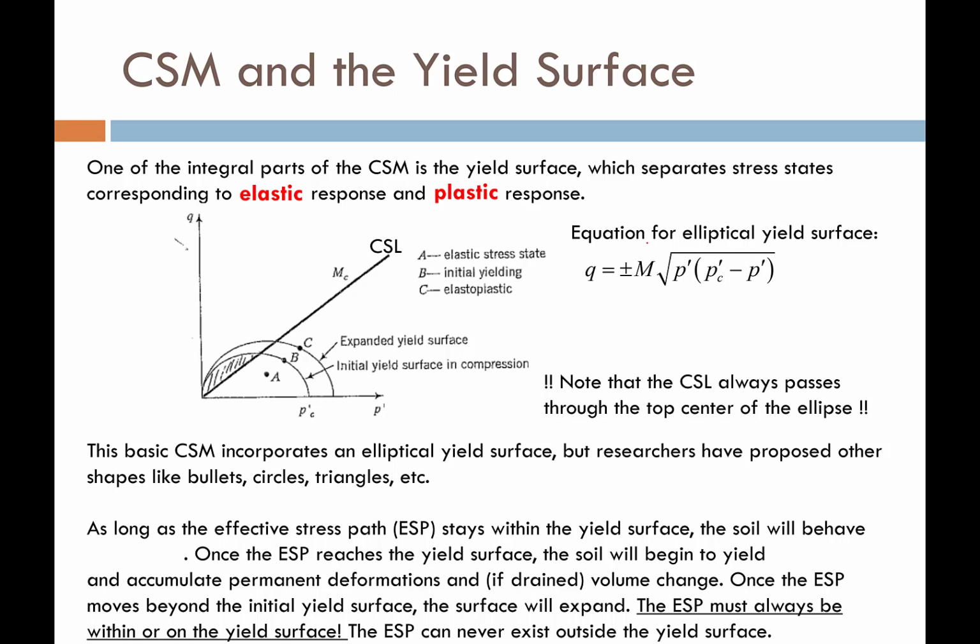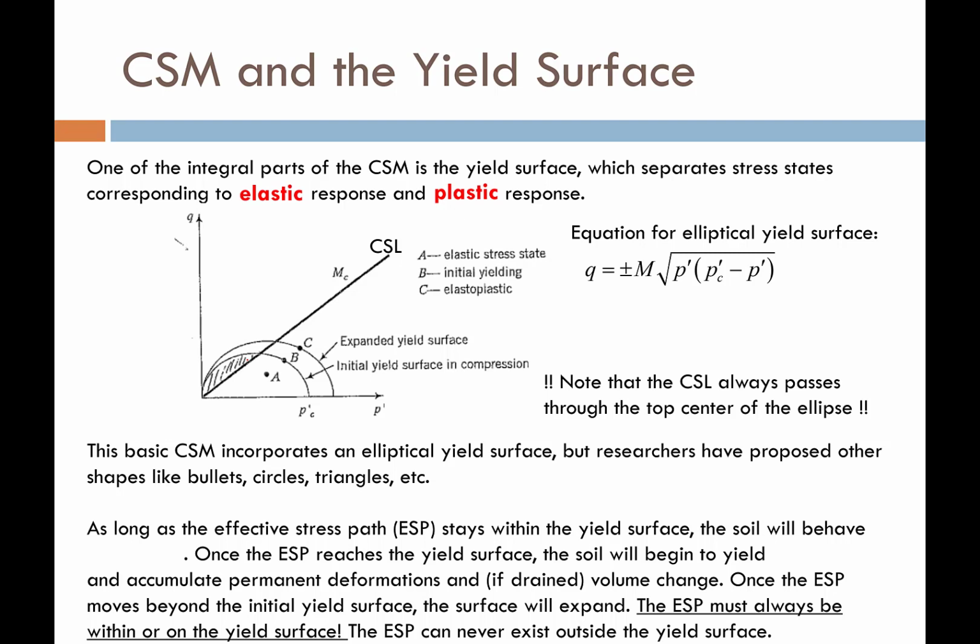Now, one of the rules is, note that the critical state line always passes through the very top center of the surface, okay? And that's one of the rules. So the yield surface will always peak right on the critical state line, whether it's a circle, an ellipse, or whatever. So this model that we're going to be dealing with is essentially an elliptical surface.